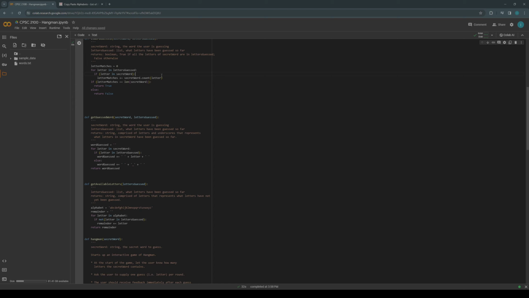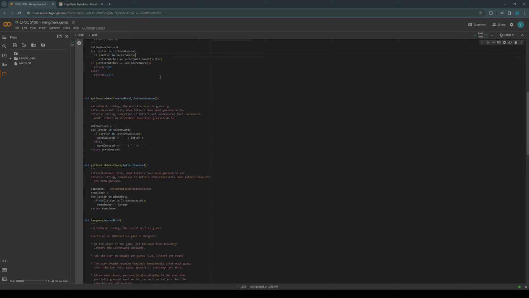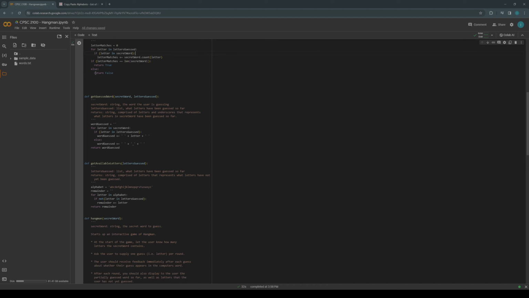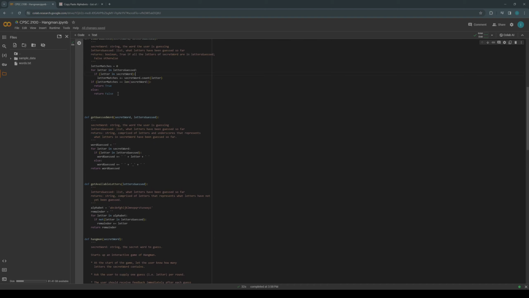If we guess P, then there are going to be two letter matches, because in the secret word apple there are two P's. This is a for loop, so we're doing that for as many letters as there are in letters guessed. After coming out of that for loop, if the number of letter matches equals the length of secret word, then we're going to return true, and if not, we are going to return false.